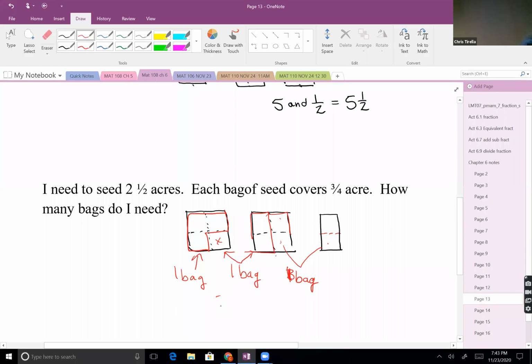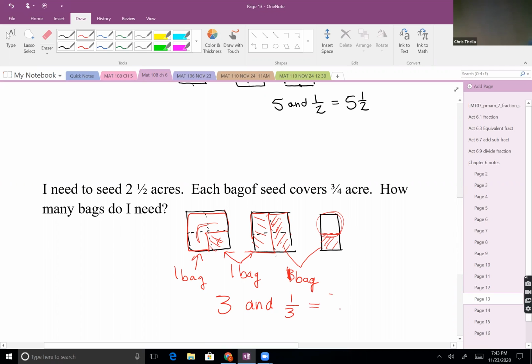And so I'd need 3 whole bags, and that would be 3/4, 3/4, 3/4. And so up here, this would be a fraction of a bag. And wouldn't that be, if a whole bag covers 3/4 of an acre, I just have 1/4 left, wouldn't that be a third of a bag?